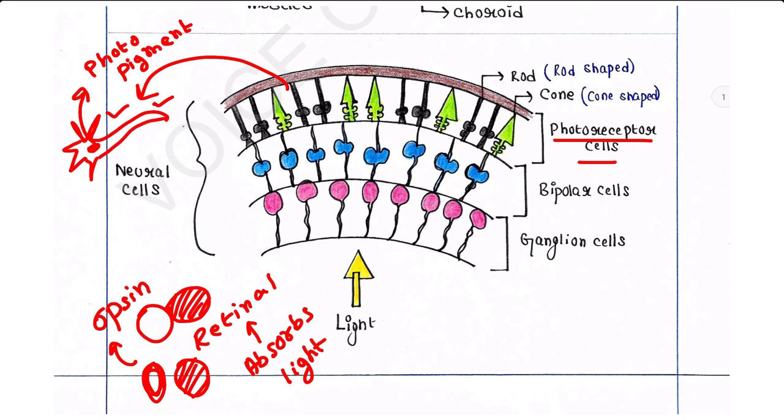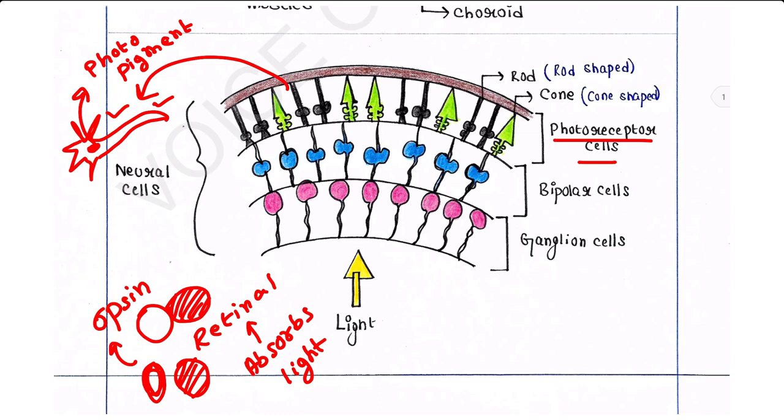And you know that photoreceptors are nothing but neurons, right? So as a result, potential differences are generated in the photoreceptor cells because of the change of membrane permeability.